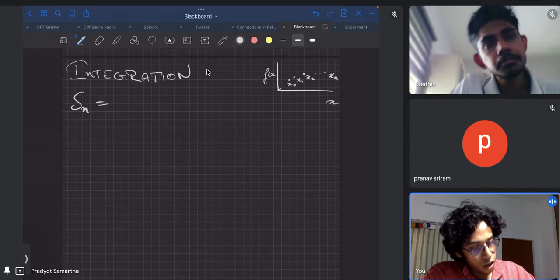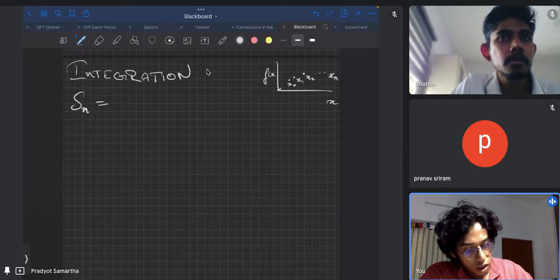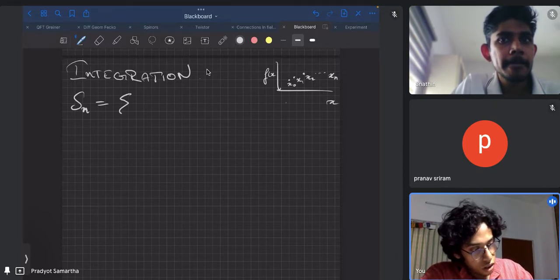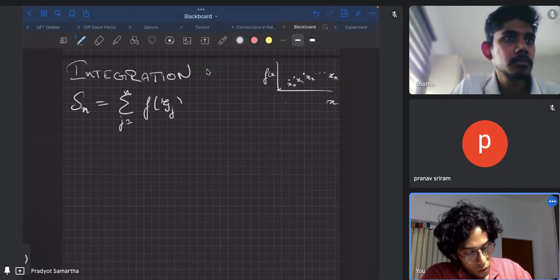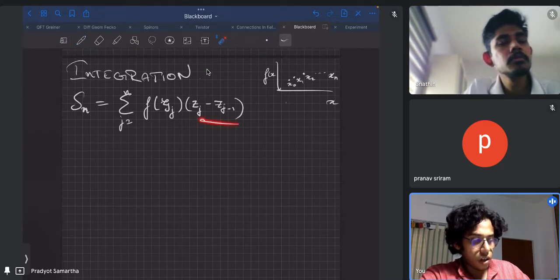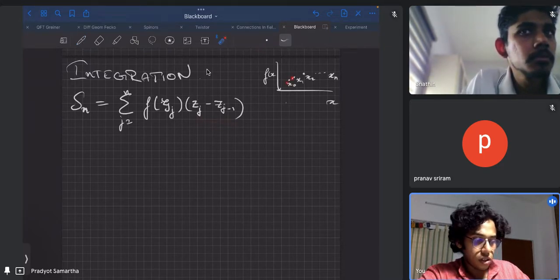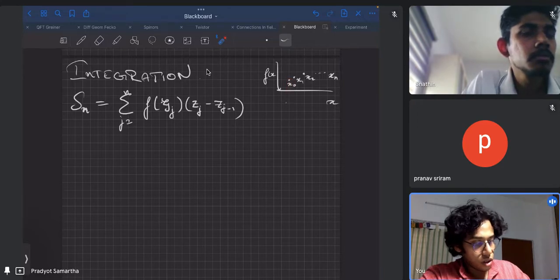Then you take the summation of the difference between each consecutive pair of points. Similarly, in complex integration, you have the summation from j equal to 1 to n of f of chi j times the difference between the two points, that is the width, and the function value gives you the height. So you just get this thing, right?